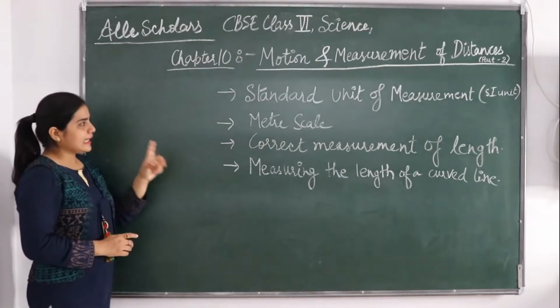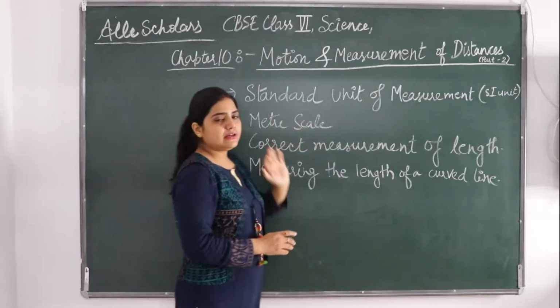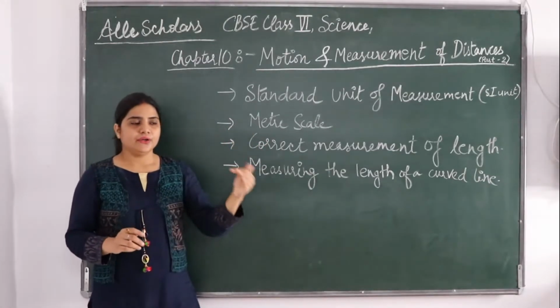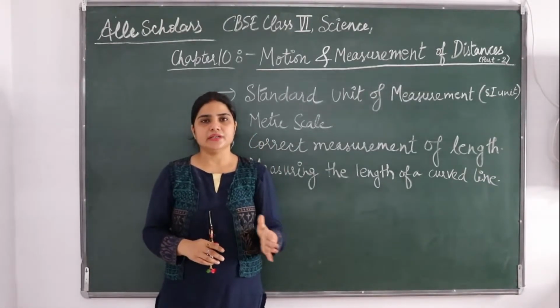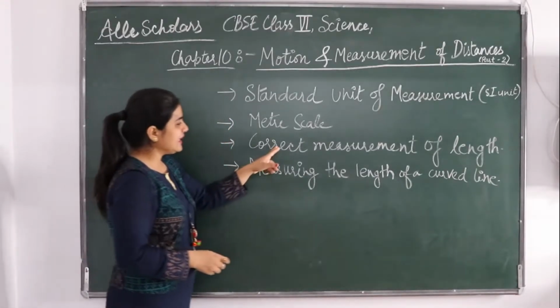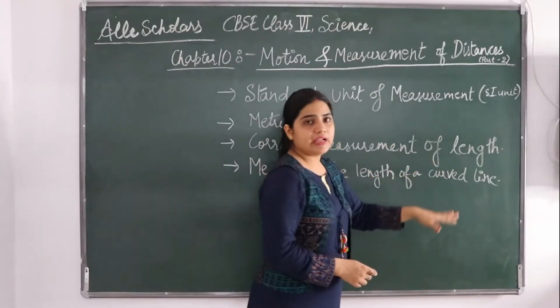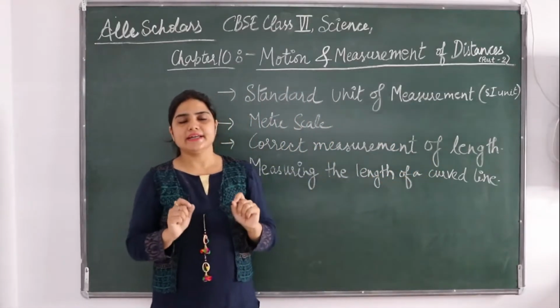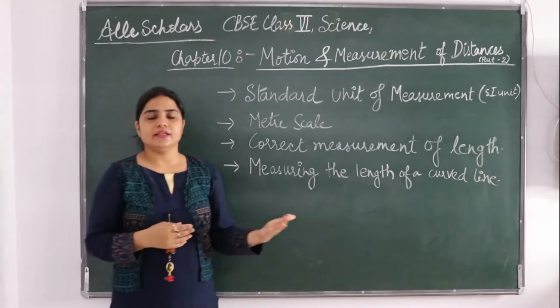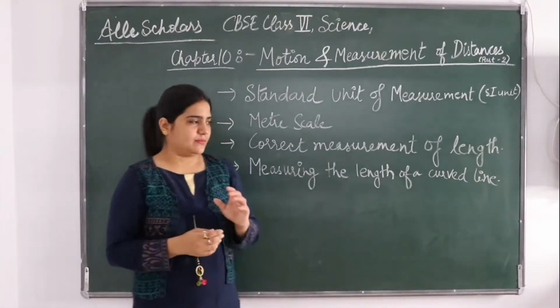Secondly, we will discuss the meter scale, how it is divided, and how we can convert meter into centimeter and all. Next, we will see the correct measurement of length, how we can correctly measure the length of any item.